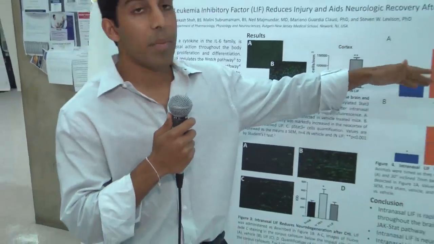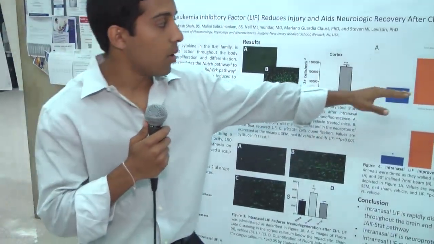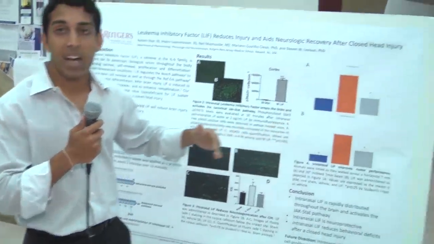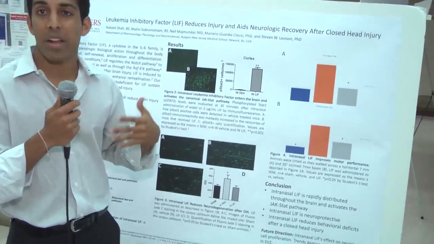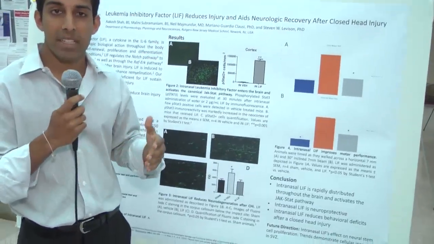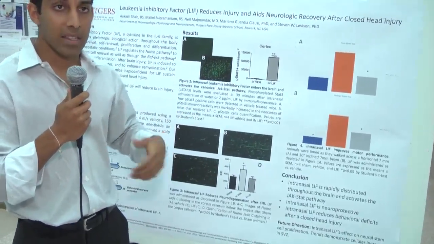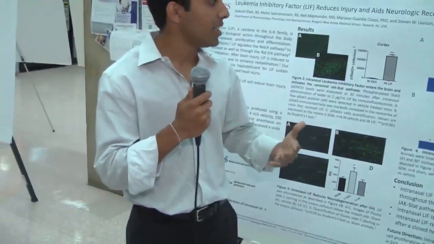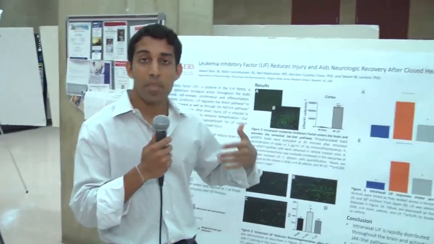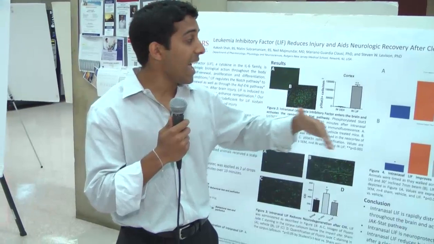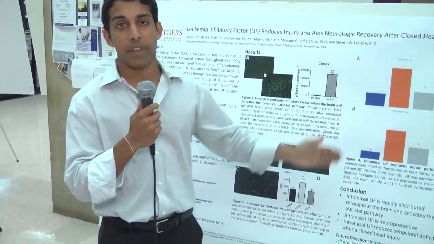For the vehicle, it took them about 18 seconds. And for the LIF, you can see that it took them much less time and it went back to around 8 seconds. So there was a significant difference in the LIF mice's ability to recover and to mimic the sham mice even after an injury that was the same as the vehicle mice.